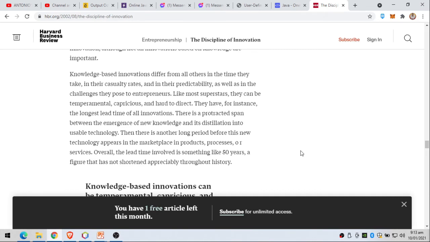There is a protracted span between the emergence of new knowledge and its distillation into usable technology. Then there is another long period before the new technology appears in the marketplace in products, processes, or services. Overall, the lead time involved is something like 50 years, a figure that has not shortened appreciably throughout history.